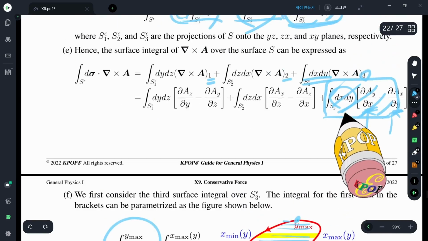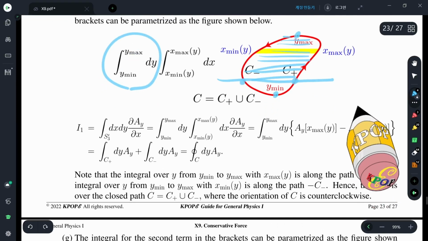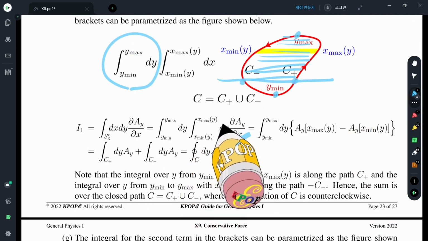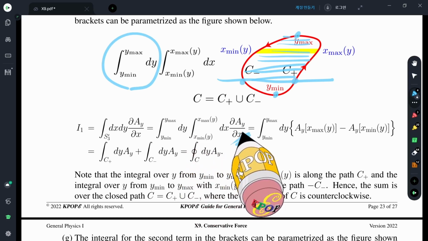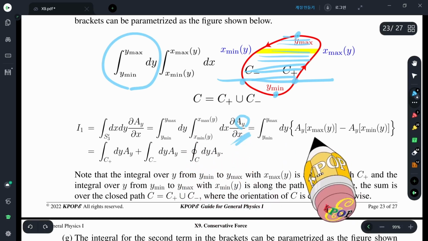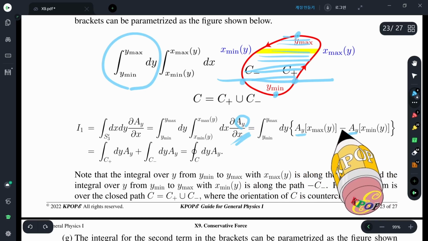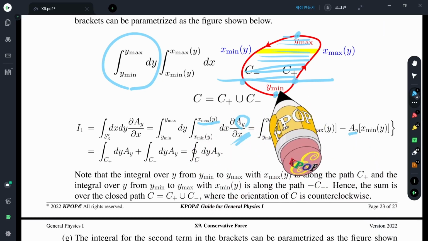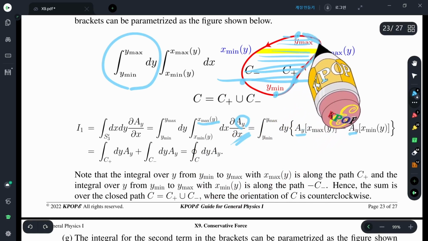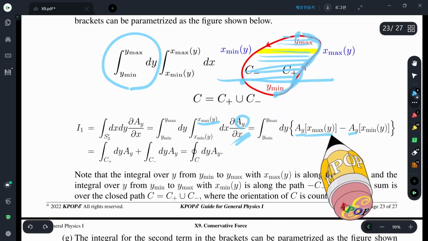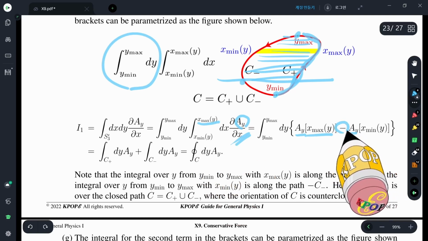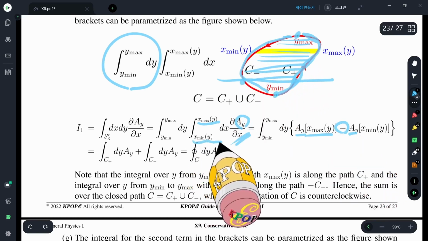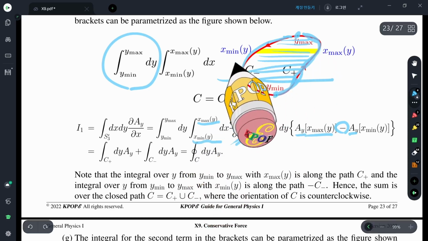So substitute the integrand here: x is integrated out, and what I have to do is just put this Ay evaluated at the maximum value of x, and subtract these values evaluated on the curve of minimum values of x.